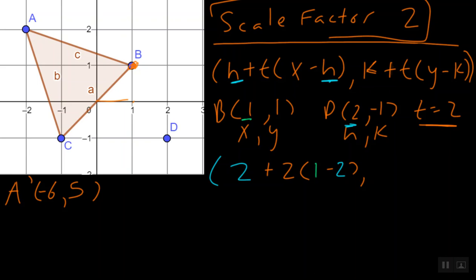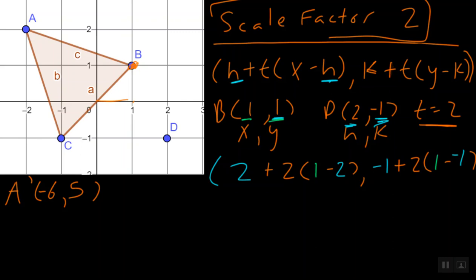So hopefully now that this is color-coded, you can see this just a little bit better. So let's go ahead and put our k value in blue as well. So we can say negative 1 plus 2, big parentheses, and here we are going to use our y value in green, 1, minus, and then back to blue, we have our k value negative 1 again.